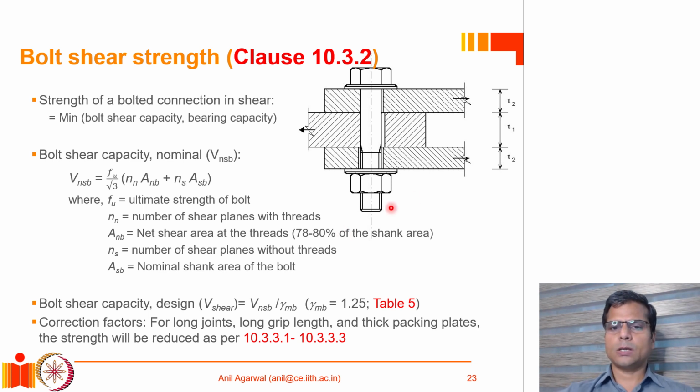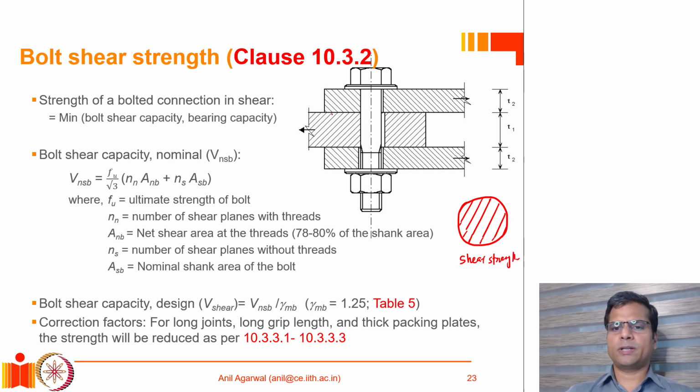If this is the cross section area of the bolt, we'll take this cross section area multiplied by the shear strength.